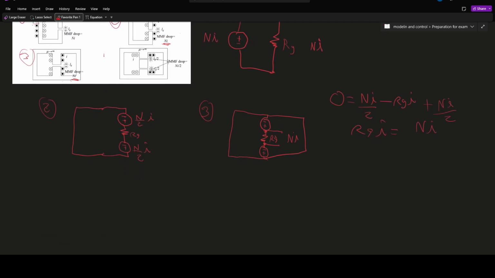Now for the fourth example, we divided the reluctances, the spaces, we divided in two. So we have here one of our sources, Ni over 2. We have a reluctance that is smaller, Rg over 2. We have another reluctance that is Rg over 2. And we have our source, Ni over 2.